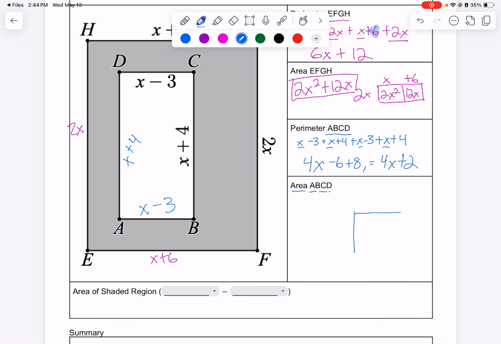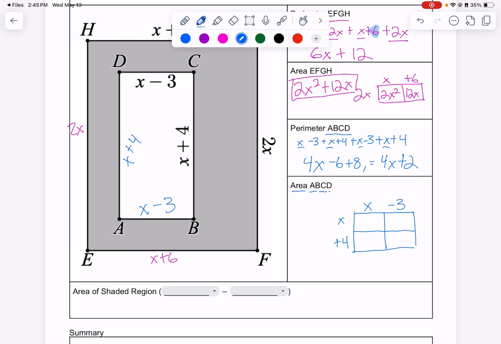Excellent. Okay, now we're at this next big question, the area of ABCD. I notice that I have an x and a number for both my horizontal and vertical. So I have an x minus 3 for horizontal and an x plus 4 for my vertical.